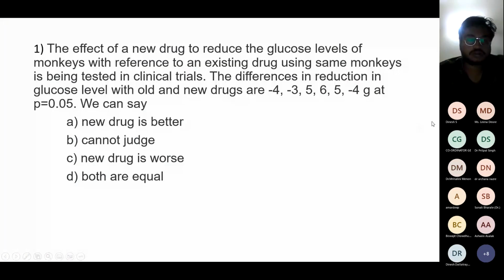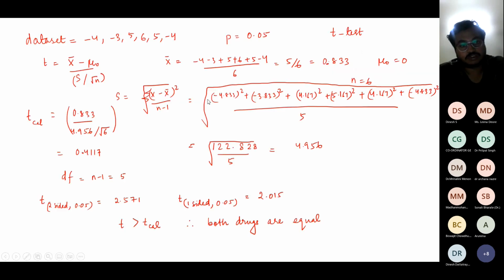So the question here is that the effect of a new drug to reduce glucose level is tested. We are given the differences in the reduction of glucose level values, the difference between both of the treatments, and at 0.05, 95% confidence interval, what can we say? We are given the data set and P is equal to 0.05.